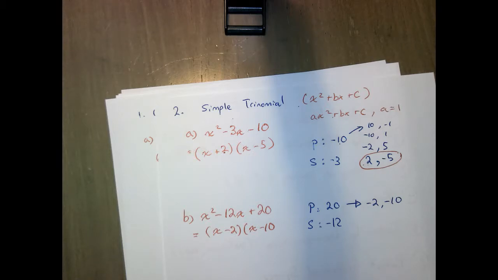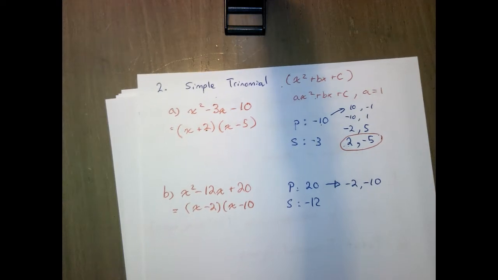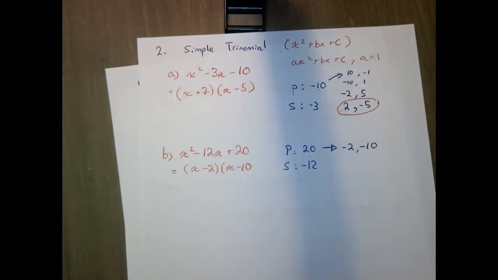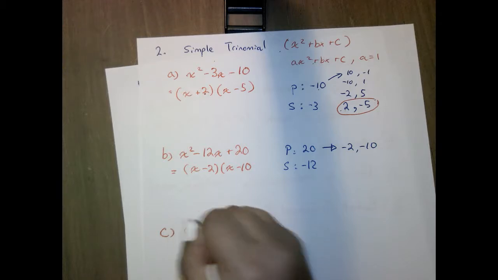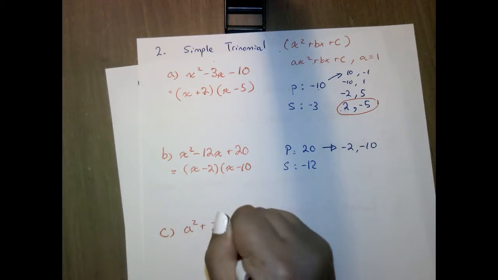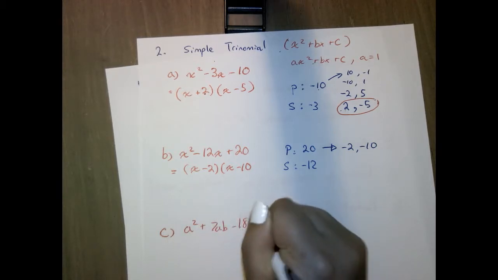Now this also works for trinomials that have more than one variable in them, right? So let's have a look at another example. Here I have a squared plus 7ab minus 18b squared.